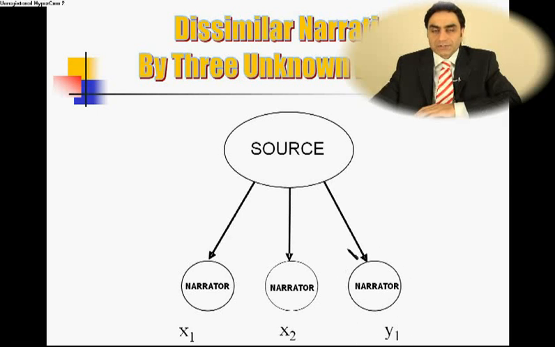So he does not support them, he denies them by his narration. So x1 came to us with a narration, but x2 supported him, he's an unknown person too. y1 denied him. What will happen in this kind of narration? What is the probability table about such a narration? Let's look at it in another lesson.